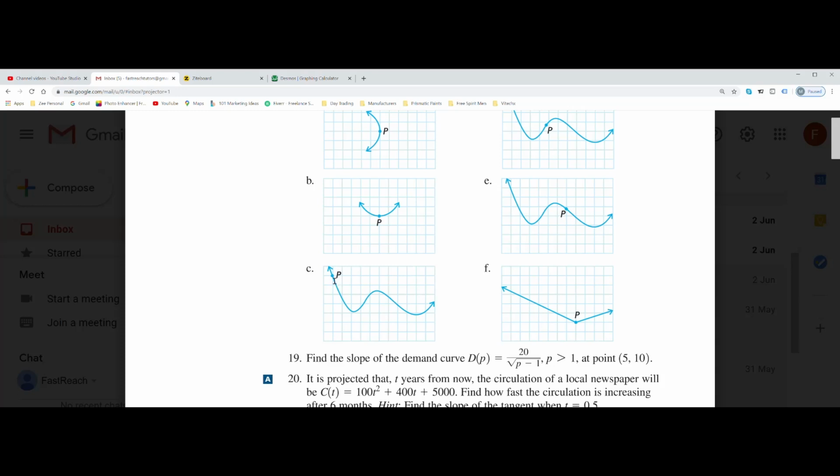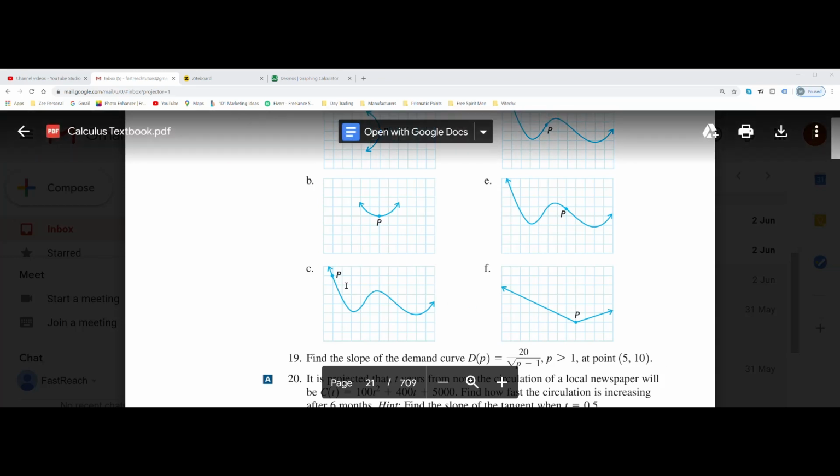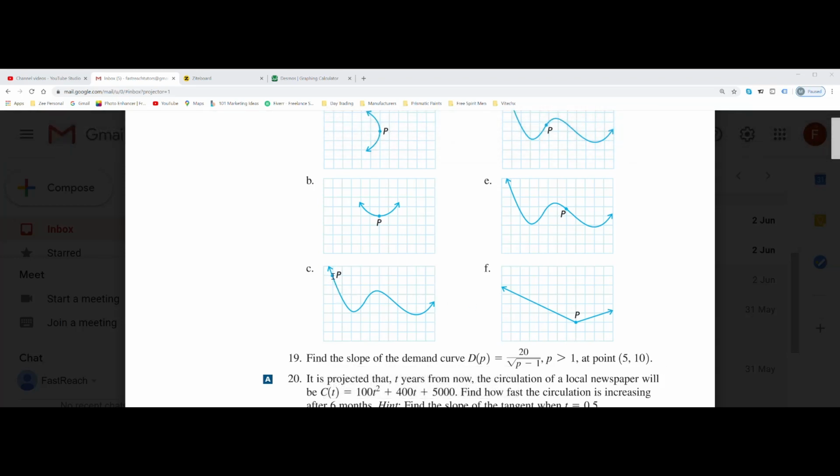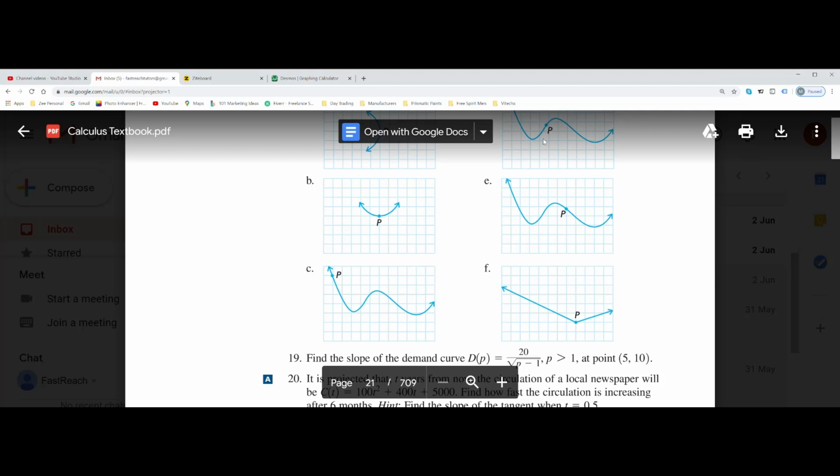So you do rise, which is 1, and 1 divided by 0.4 is 2.5, and we know this is a negative slope, so it'll be roughly negative 2.5.